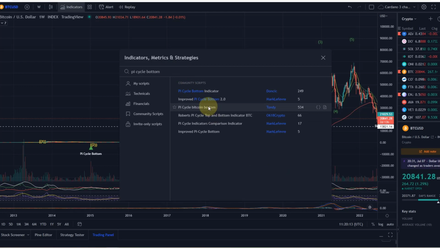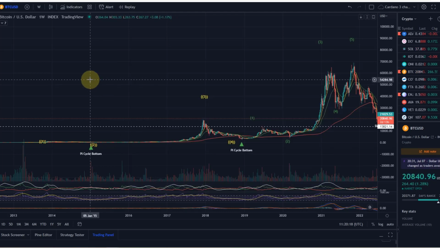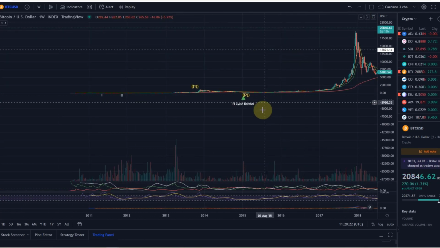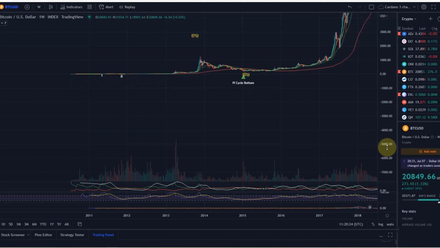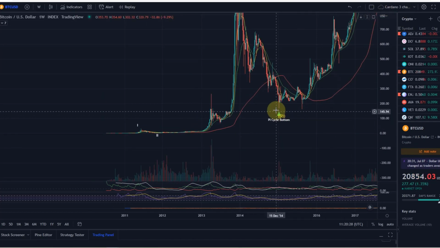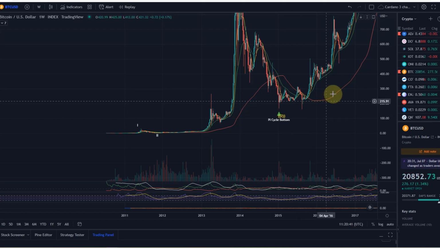There are various ones, they're all doing the same thing. But I selected the first one, which now flags up on the Bitcoin chart the so-called Pi Cycle bottom, basically the bear market low. And you can see this one flagged a low here in January 2015. Fair enough, we came down even lower in August 2015, but it also very accurately picked the low perfectly on the 12th of January 2015.